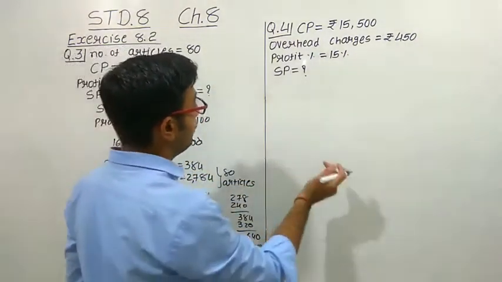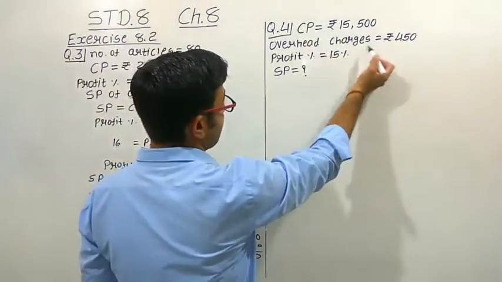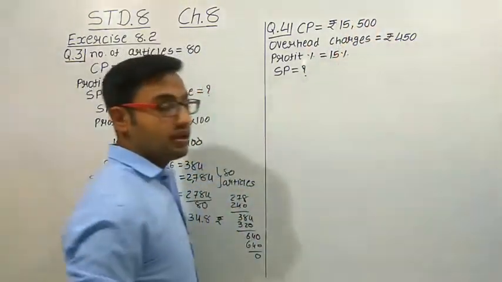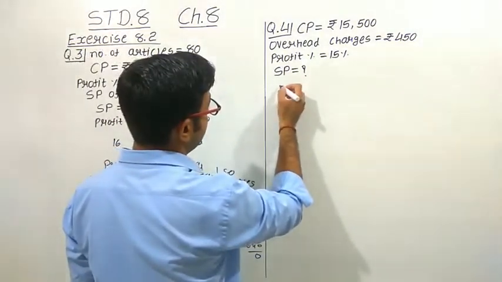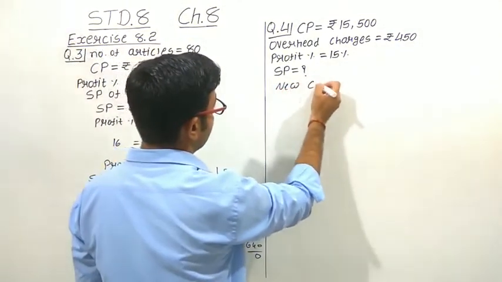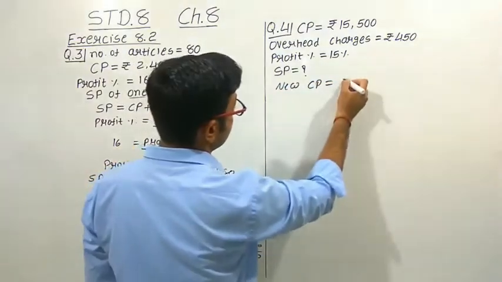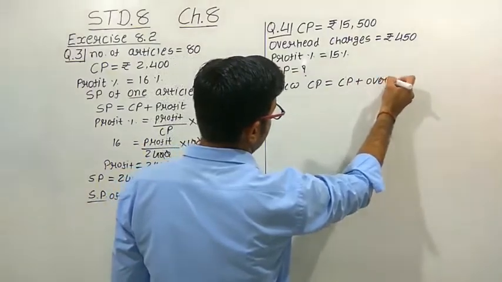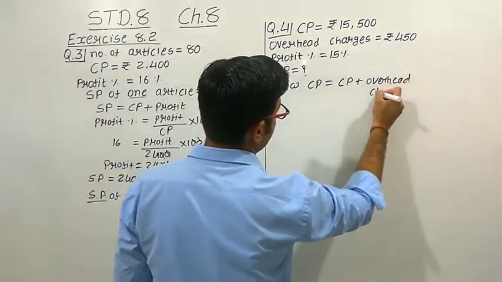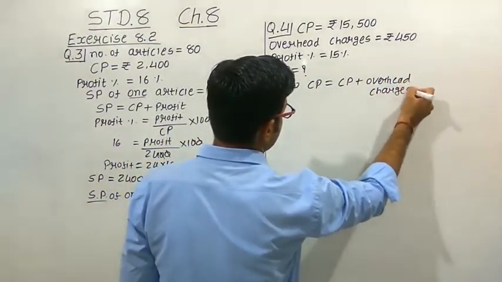First of all, what we have to do is add the overhead charges to the cost price, and that will be the new cost price. So we can write down that new cost price is equal to cost price plus overhead charges.